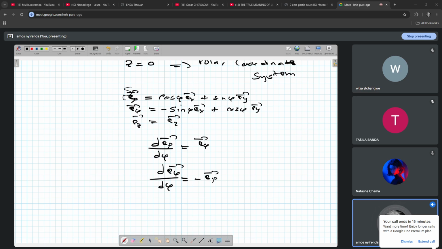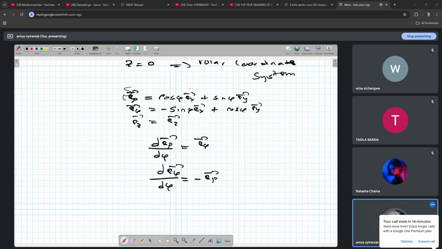How do you differentiate here? You have a sum here. The differentiation operator here is distributive. So when you differentiate cos, you get minus sine. So here we have two functions, Ex and cosine phi.